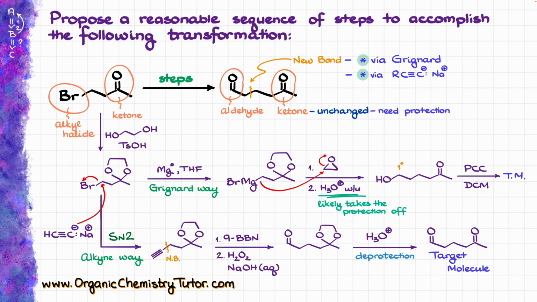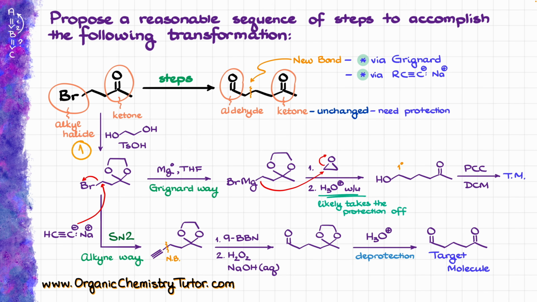So sometimes your synthetic strategy is going to involve only one good synthetic pathway. However, on other occasions you might have multiple different opportunities to make your molecule via equally plausible synthetic pathways. Like in this case, we are going to start with step number 1, which is our protection regardless.